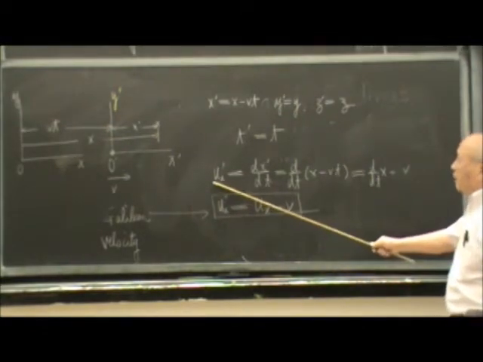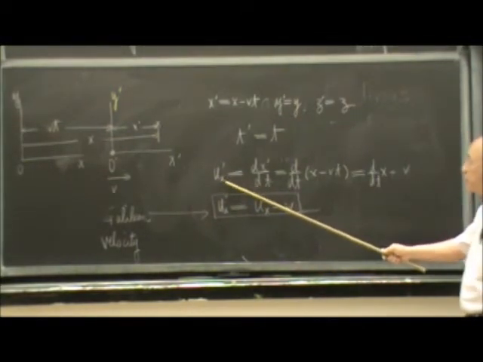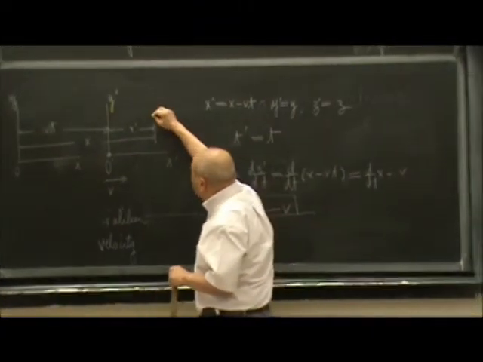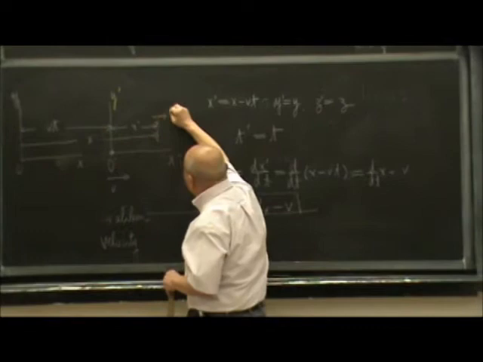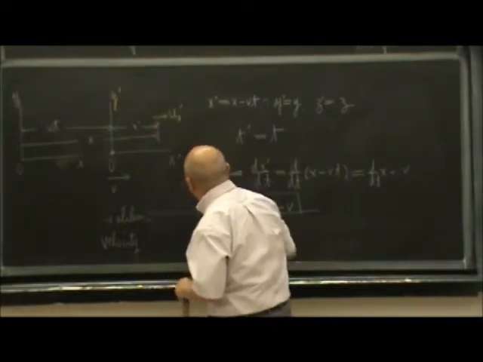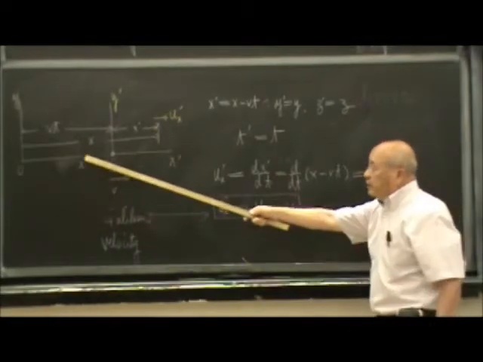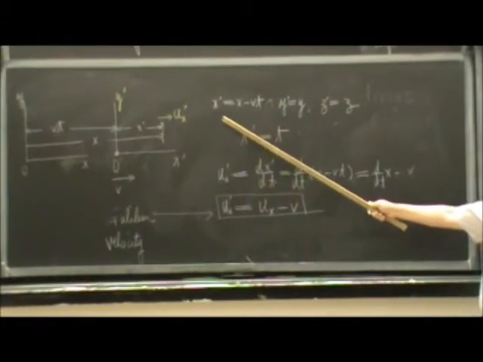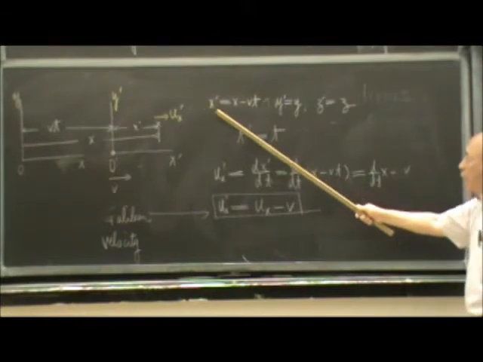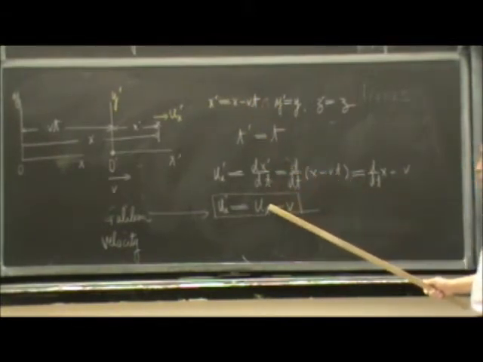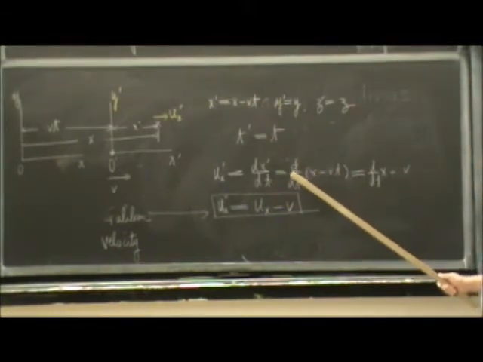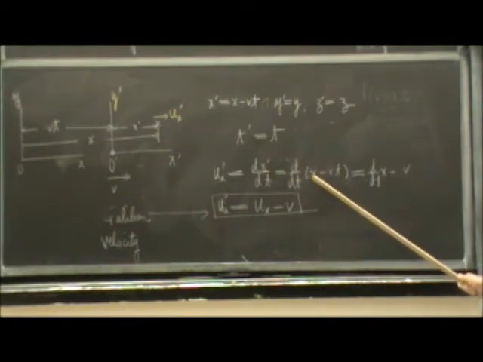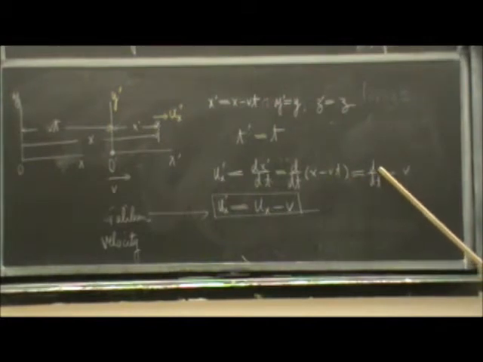In this case, ux prime means the object in here in motion. How does that relate to this inertial system? Take the derivative of this relationship with respect to t, then you have dx prime/dt equals dx/dt minus v, and so forth.